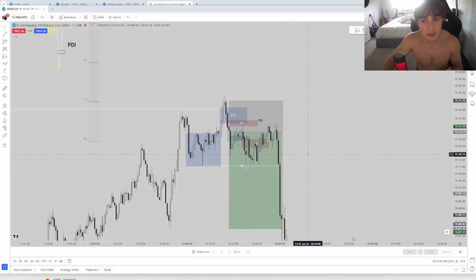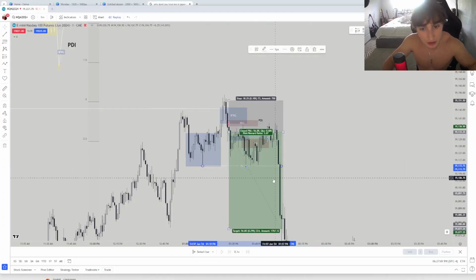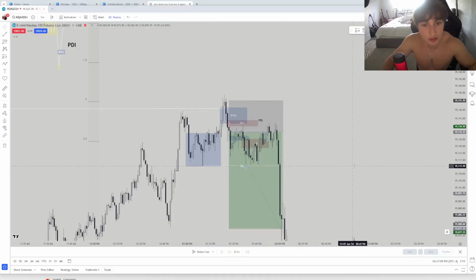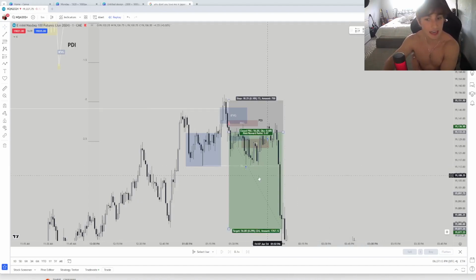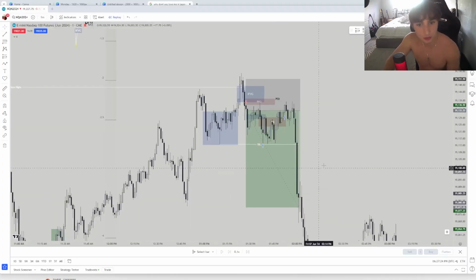But the reality is, if you've watched the previous PDI video, you don't partial until you take accumulation zone lows. That's the general consensus with PDI. And I made the mistake of not trusting my model here, and I got punished. I got break even, and then the real move happens. I would have hit all TPs in one candle if I just trusted my model.